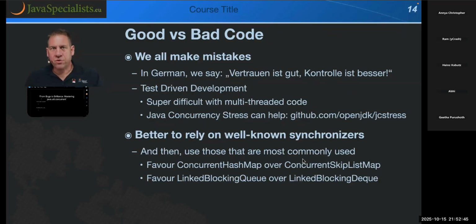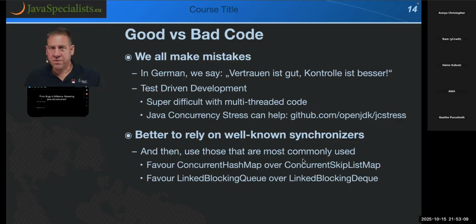Now we have to know that everybody makes mistakes. In German we say, Vertrauen ist gut, Kontrolle ist besser. Basically, it's good to trust, but it's better to check up, because you never know if it's true or not. And so we're very used to using test-driven development, but this is super hard with multi-threaded code.